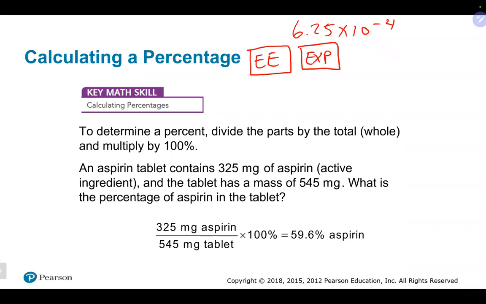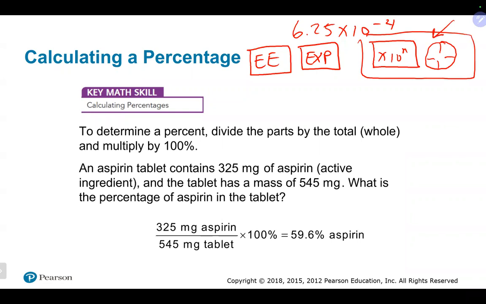Or if you have some of the fancy newish calculators, I like to call them the two-tone calculators, they usually have one color and a different color on the edges. They will also have a times 10 to the n button. If you're not sure what type of calculator I'm talking about, it usually will also have a little wheel on it that kind of looks like this. If you got one of those calculators, we'll talk about what you need to do in just a second. These are very common ones for exponents as well.